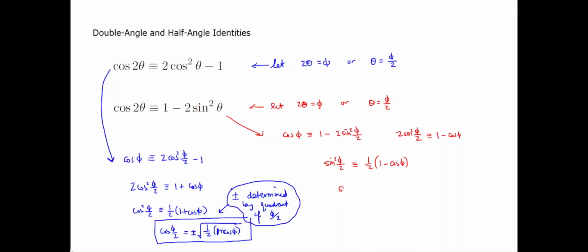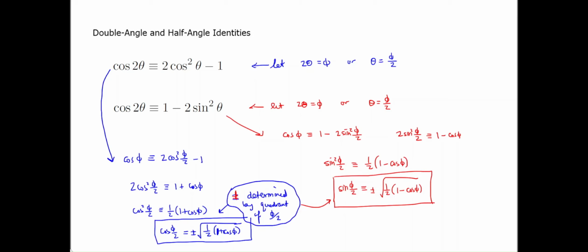And then as before, our last step is to take the square root of both sides. Okay, but because our angle, or at least its quadrant, is indefinite, then as before, this plus or minus sign is going to be determined by the quadrant of phi over 2.